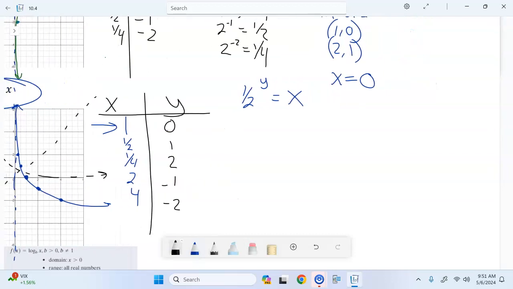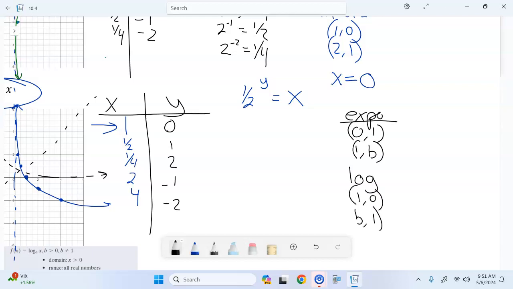Okay? And again, we have those inverse points. Every exponential has the point 0, 1 and 1 comma its base. Every logarithm will have 1 comma 0 and its base comma 1.